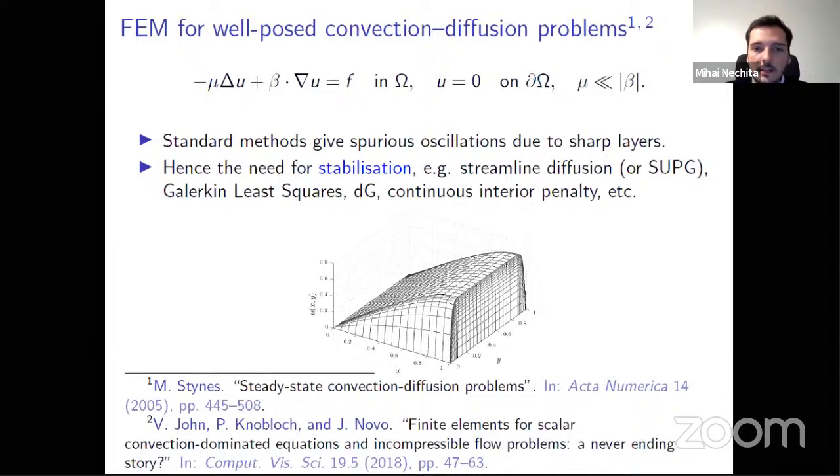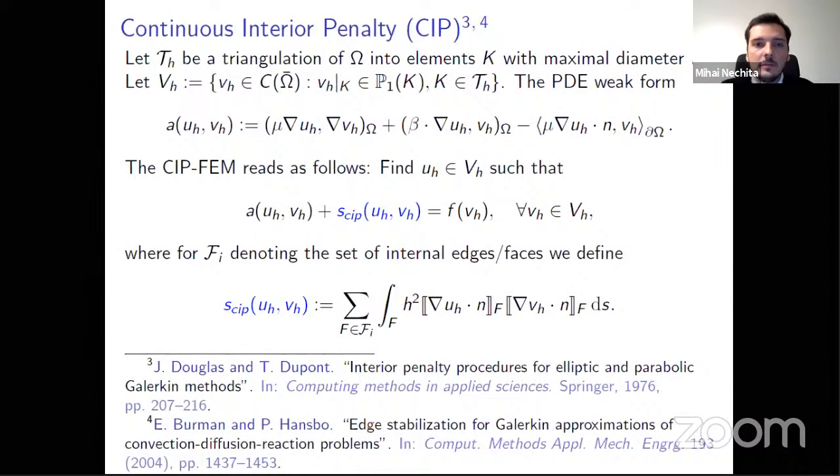Different stabilization mechanisms have been devised for this sort of question, and I've just indicated here two references, two review papers actually, one more recent and one a bit older, and there's a huge zoo of stabilizing methods that one could use. The one that we will focus on is continuous interior penalty, which I will briefly describe next.